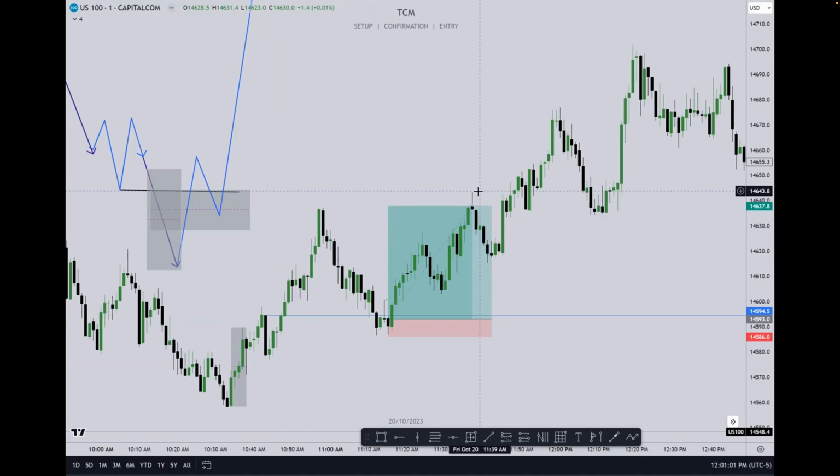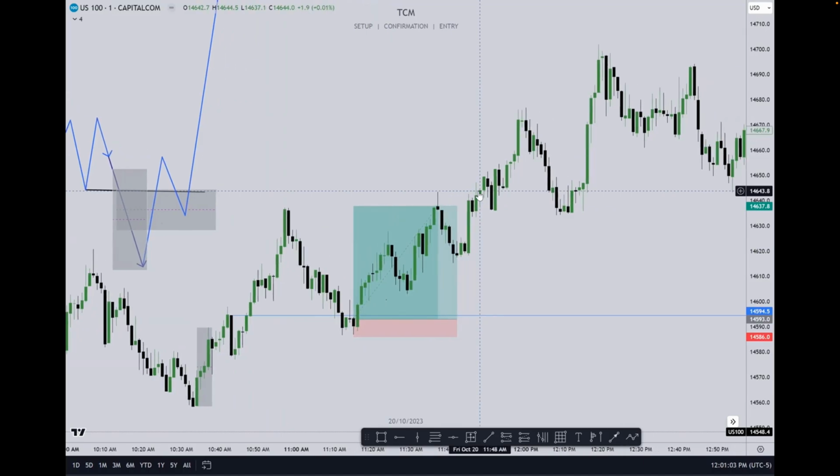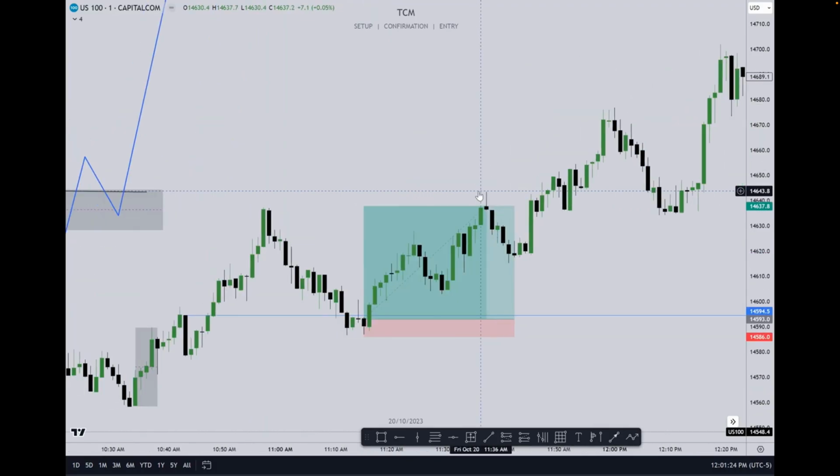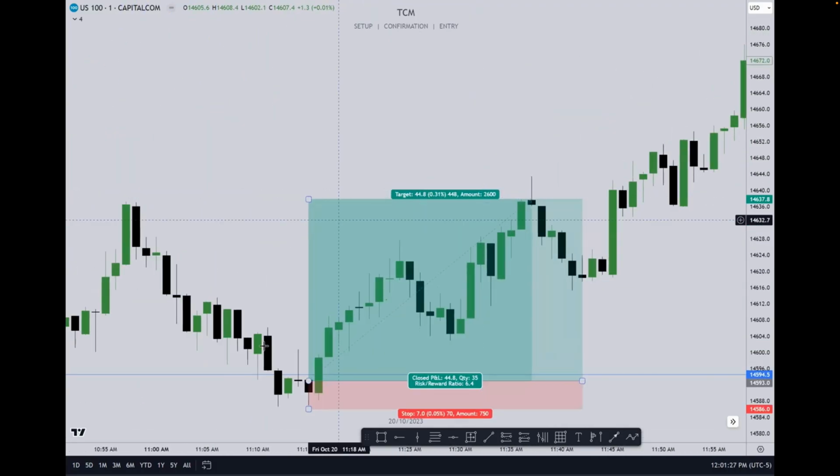Sorry, quick question. Don't you wait for the actual CSD? I know at times you use 50% of the down candle, but in this case, you've put your entry right at the top of that down candle, but the CSD happened after, on that green candle. Would you not take it after that CSD? The CSD happens here.